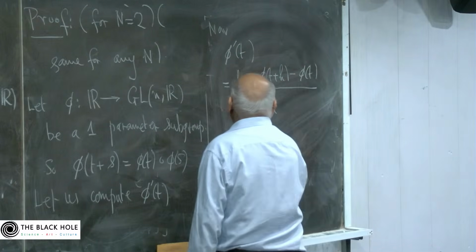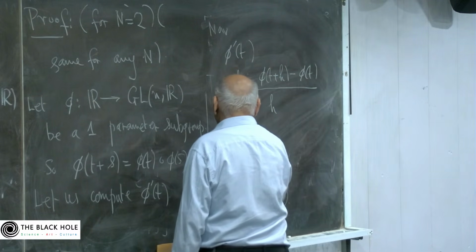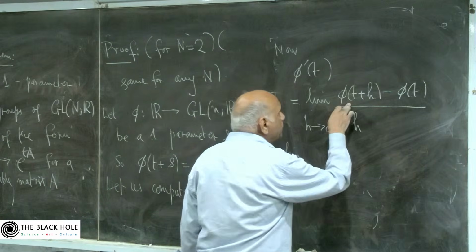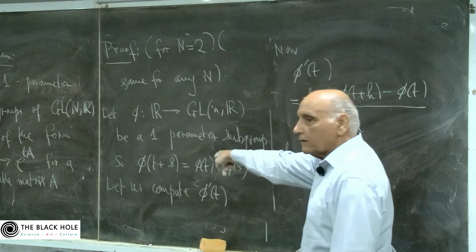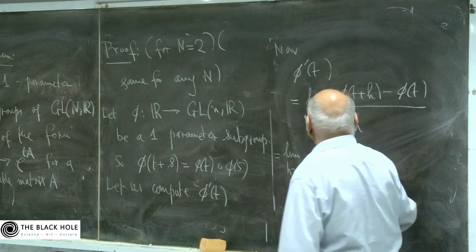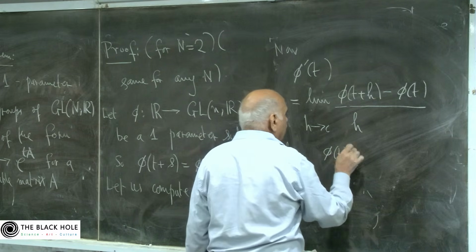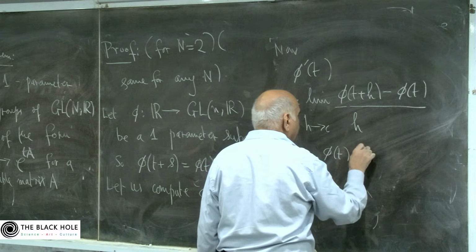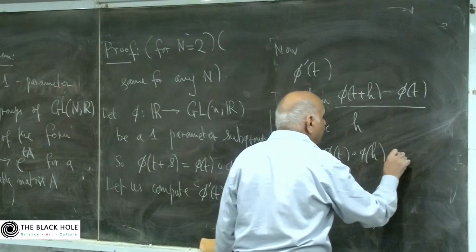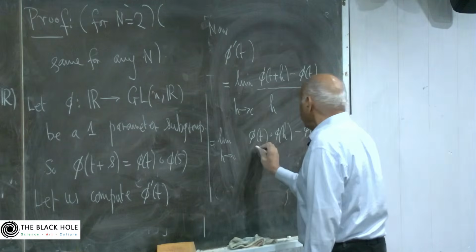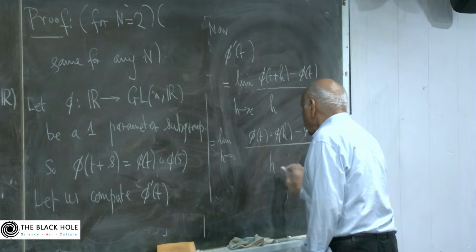Okay, this is the same as the limit as h goes to 0. Now I use the fact that it is a homomorphism. This will be phi t composed with phi h minus phi t, divided by h, right?